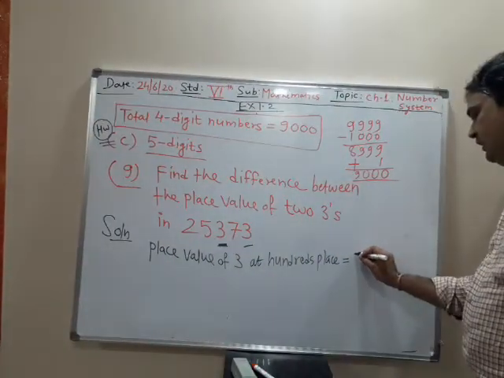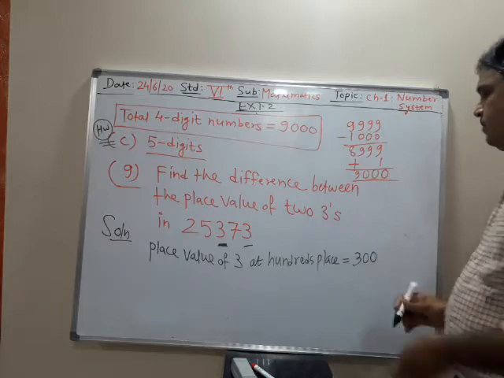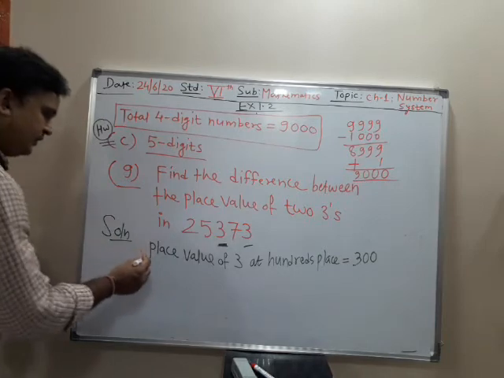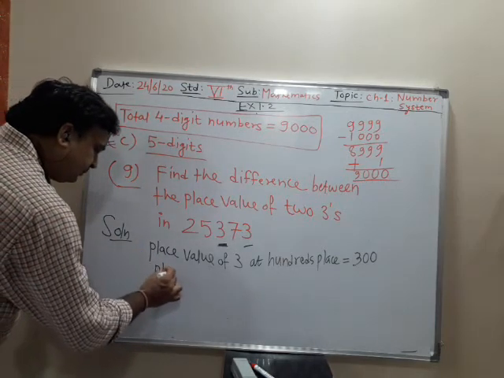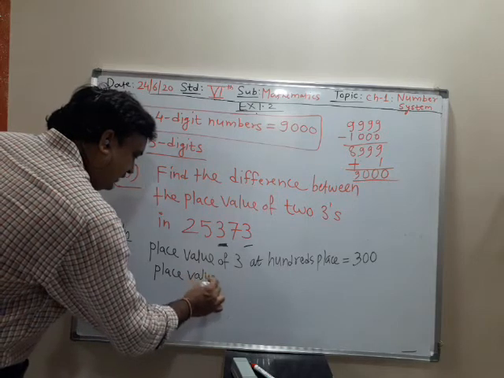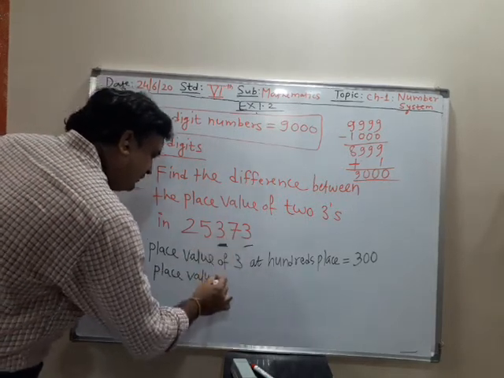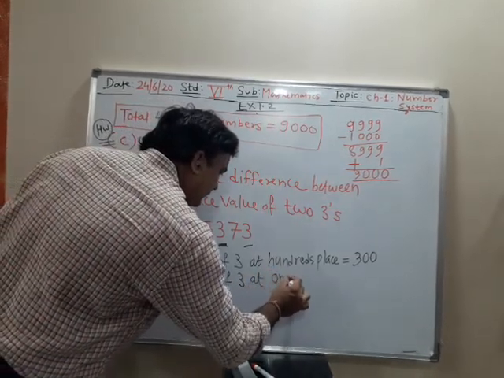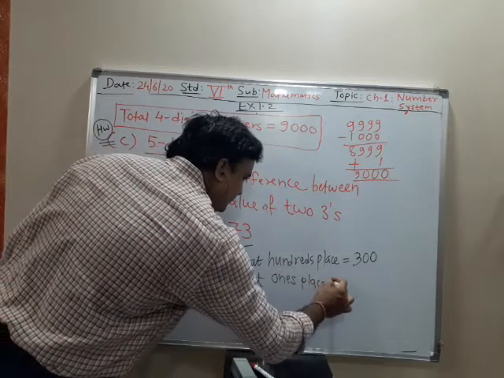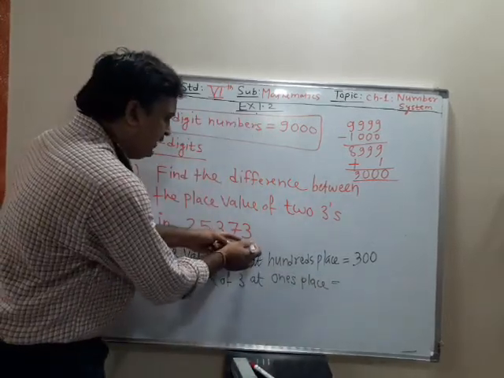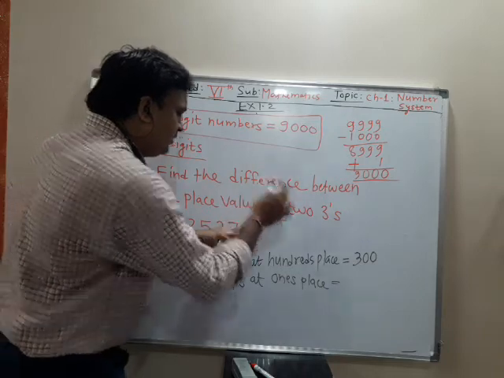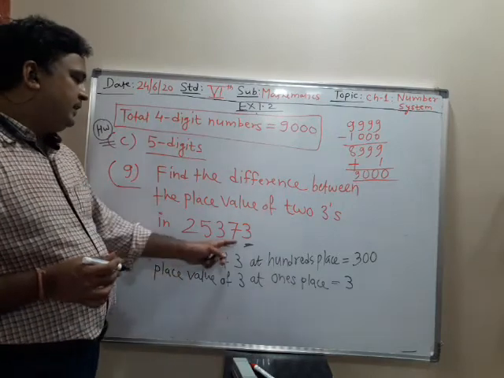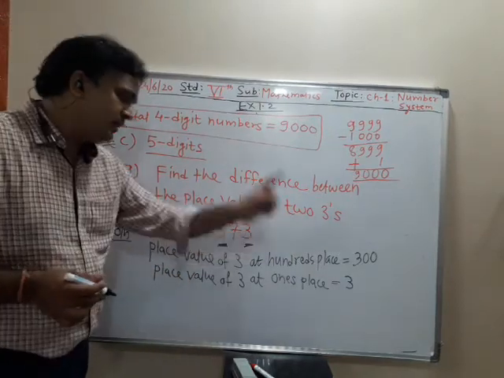So place value of 3 at hundreds place is 300. Then there is another 3 at ones place. Place value of 3 at ones place will be 3 only, because after this 3 there is no digit.